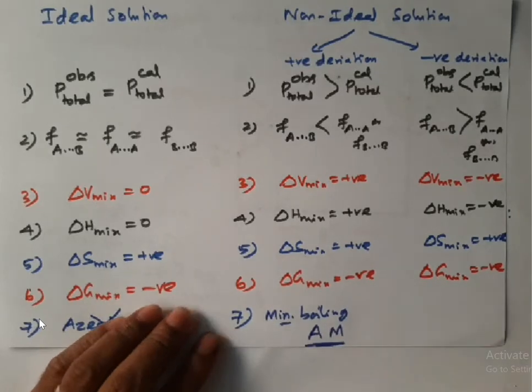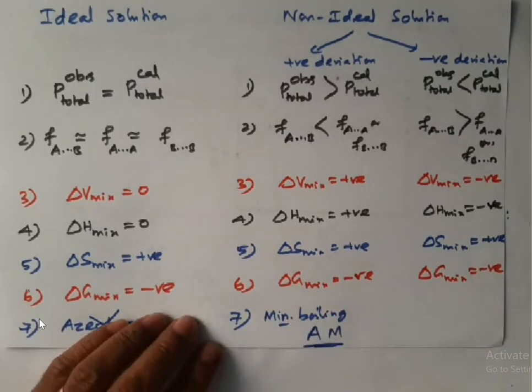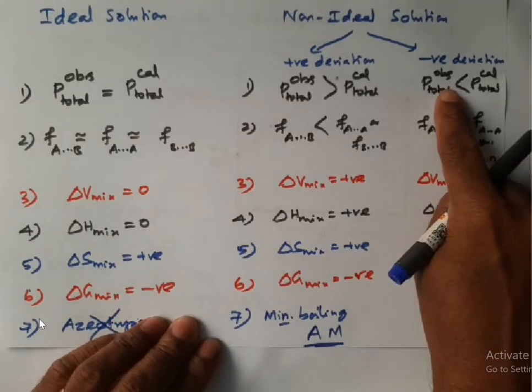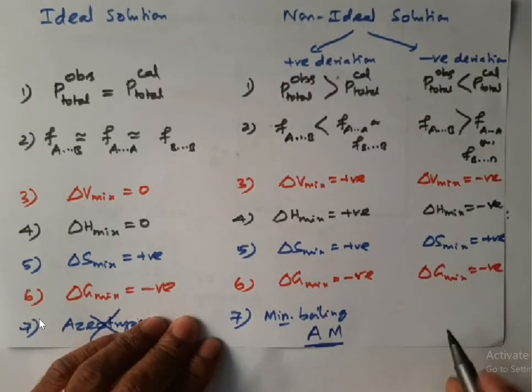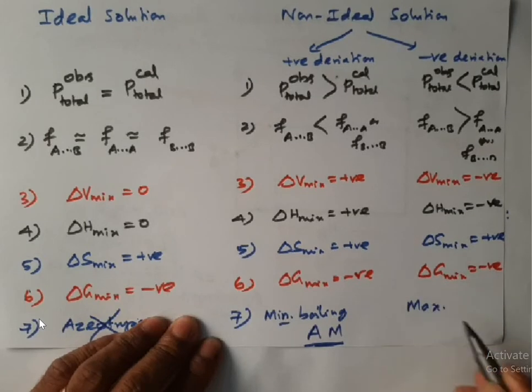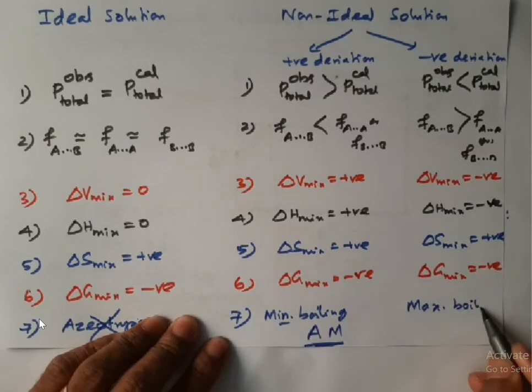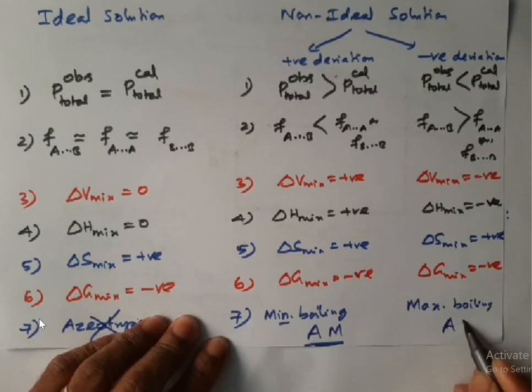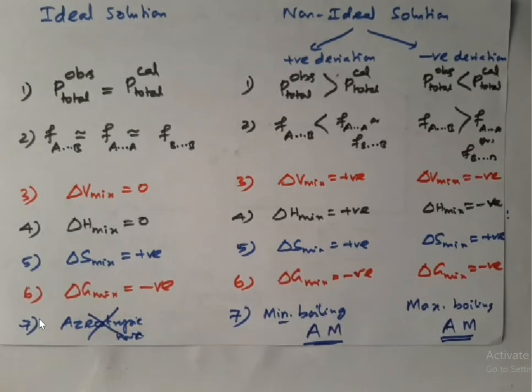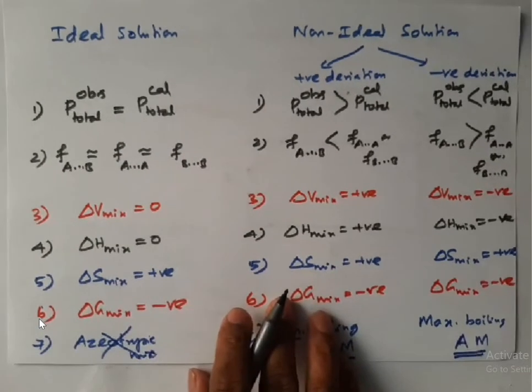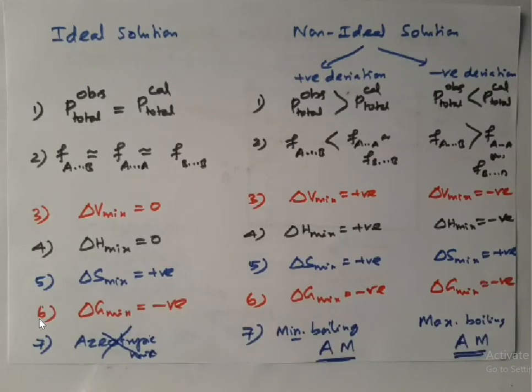AM means azeotropic mixture here. For non-ideal solution showing negative deviation, I'll get maximum boiling azeotropic mixture. Okay, students, is this clear? Any doubt? Yes, keep it in mind. Very important. You must know the differences, and you should also know the vapor pressure composition diagram for all these cases.